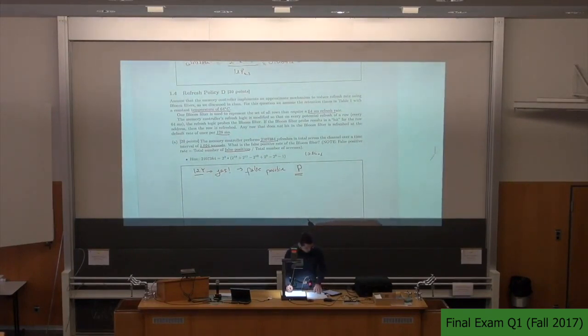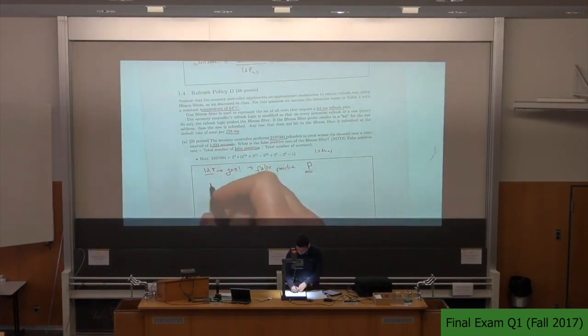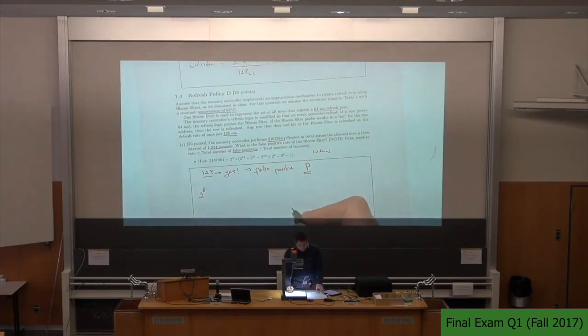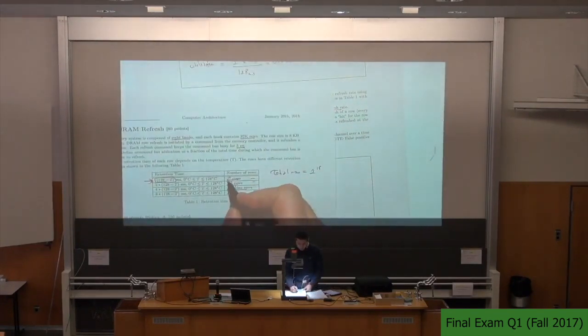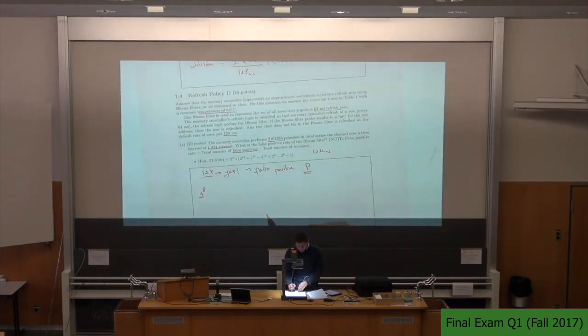So let's write it like this. We have 2^8 rows here that should actually be refreshed within 64 milliseconds. Plus, we have 2^18 minus 2^8.